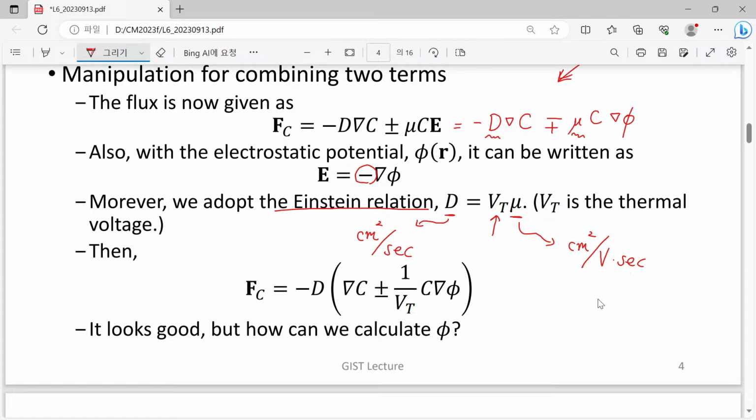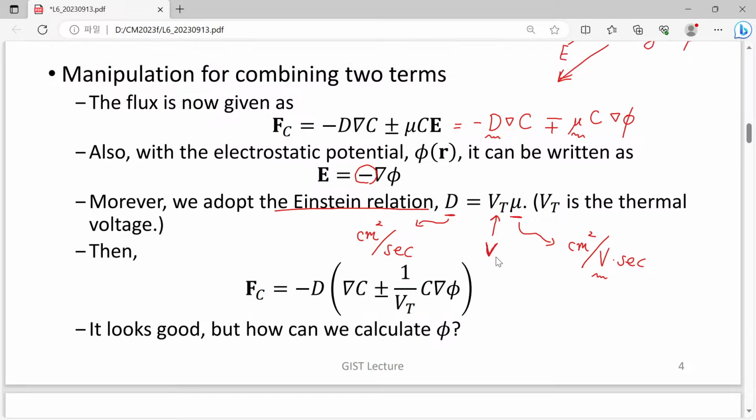So you can immediately understand that although they share the same dimensions, one is missing. What is missing is the 1 over V, the voltage unit. So when you multiply by this voltage unit, you find there is correspondence of their units. So no conflict here. And now this is the Einstein relation.